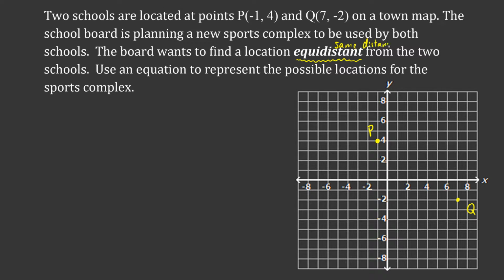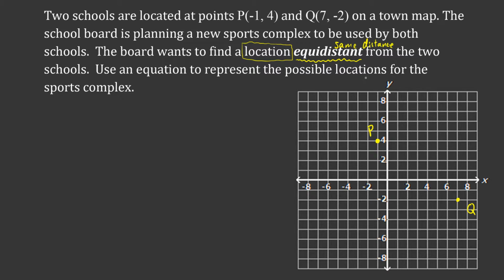And so we are looking for a location of this new sports complex, a location, and I've got a coordinate plane, so location kind of makes sense, from the two schools. So something that is the same distance from those two schools. Use an equation to represent the possible locations.